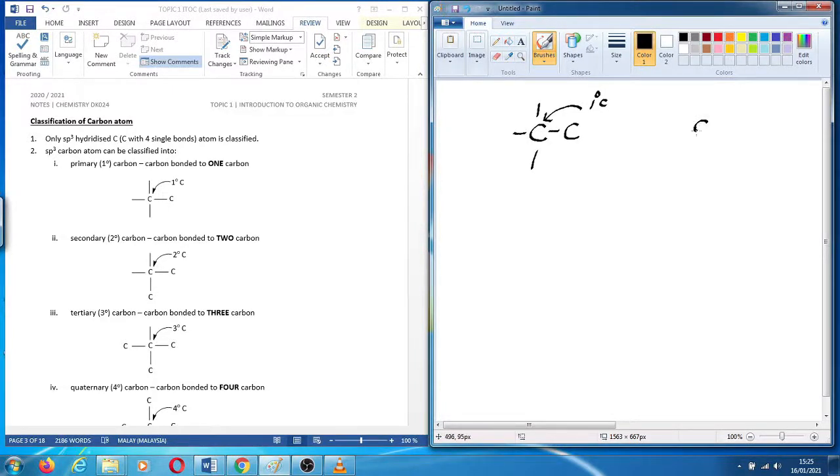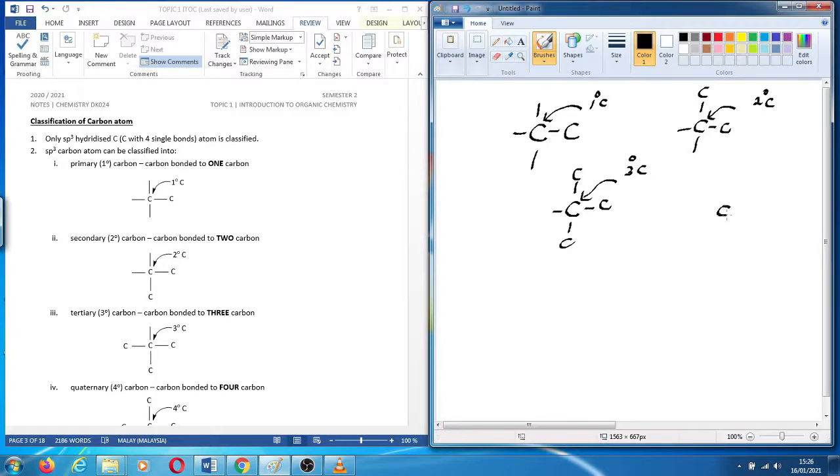When this carbon is attached to 2 other carbon, we call it secondary carbon. And when the carbon here is attached to 3 other carbon, we call it tertiary carbon.